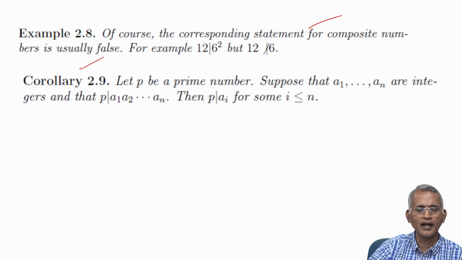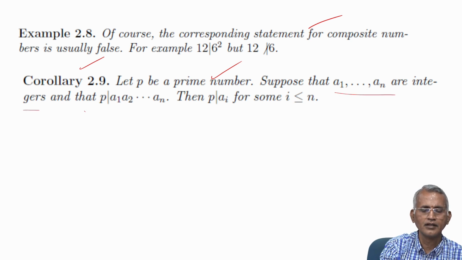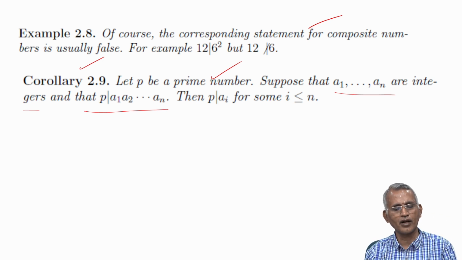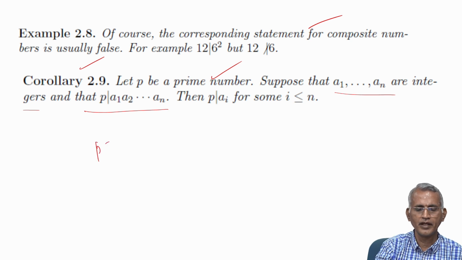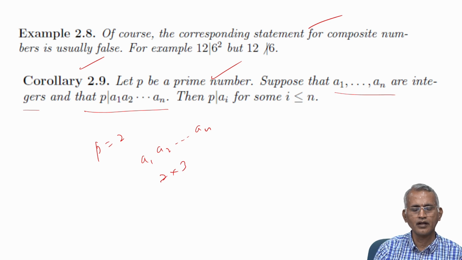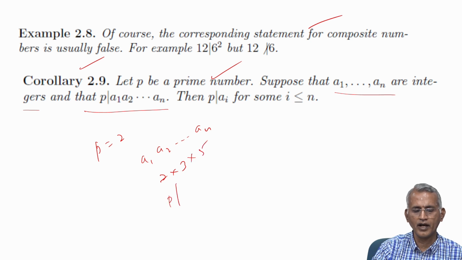Corollary 2.9 says that if p is a prime number and a1, a2 and so on, an are integers, and p divides the product of the numbers, then p divides some ai. For example, if p equal to 2 and the product is 2 into 3 into 5, then p divides 2 into 3 into 5.